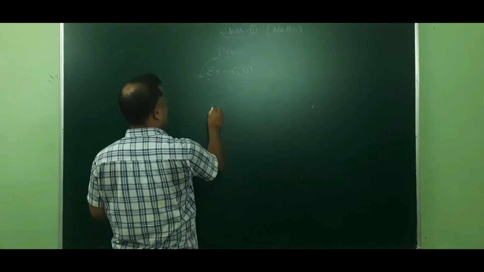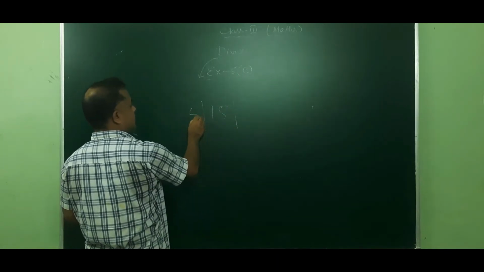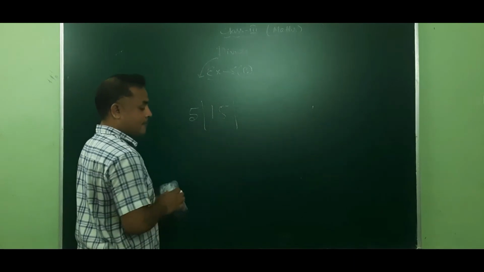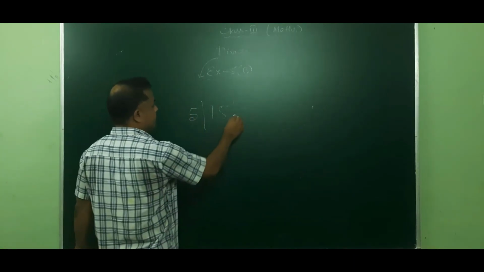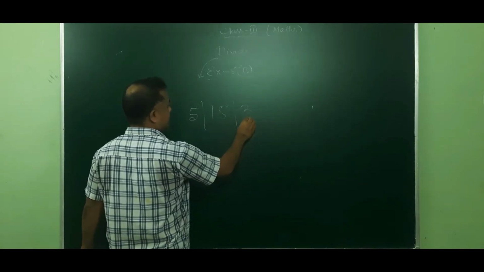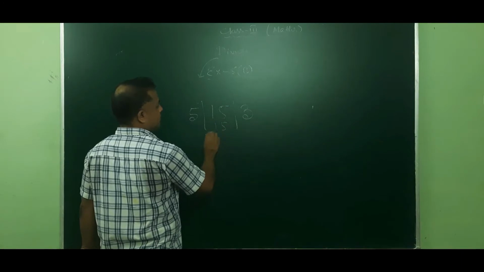So the number of glasses is 15 and the number of trays is 5. So 5, how many times does it go? In the multiplication table, 5 into 3 is 15.